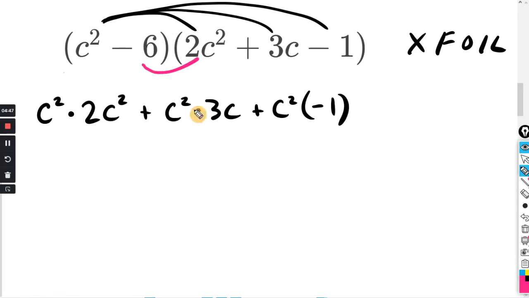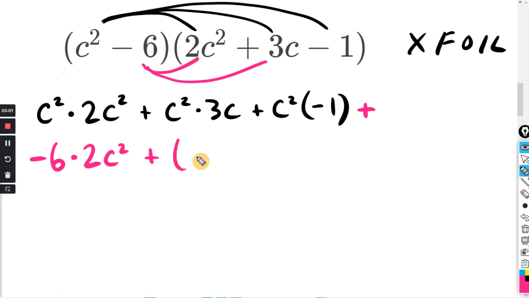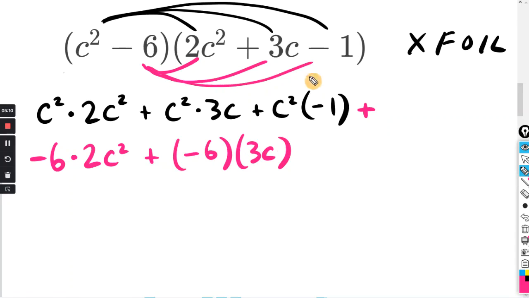Negative 6 times 2c squared. So we're going to add negative 6 times 2c squared. Negative 6 times positive 3c. And then I'm going to add negative 6 times negative 1.